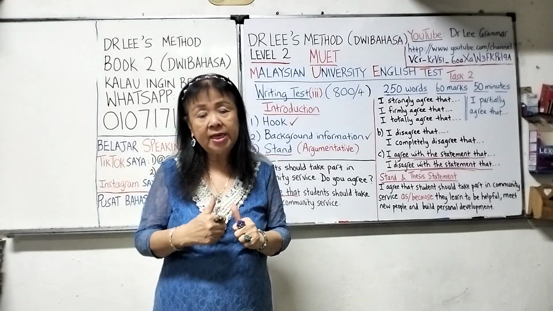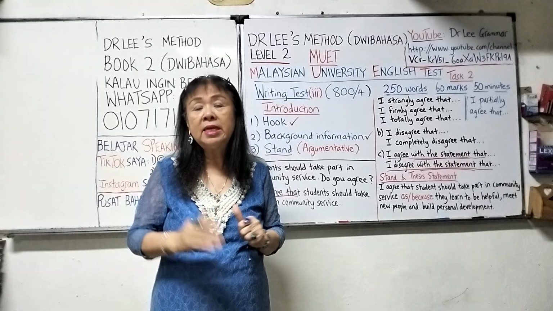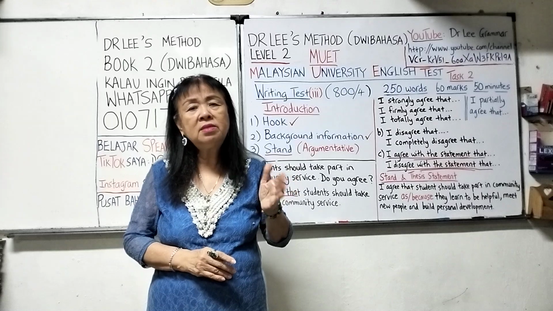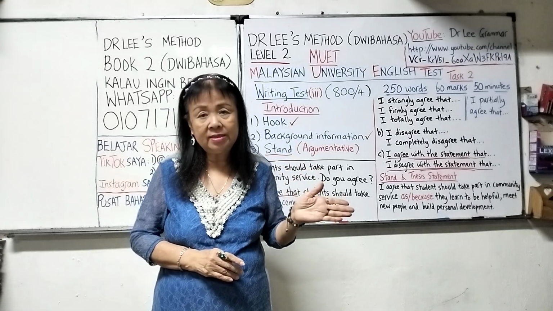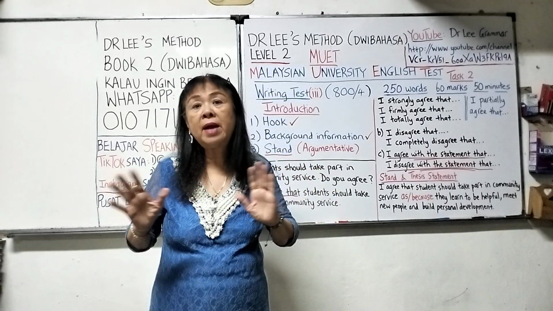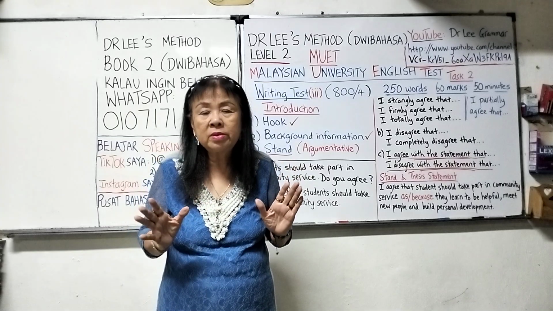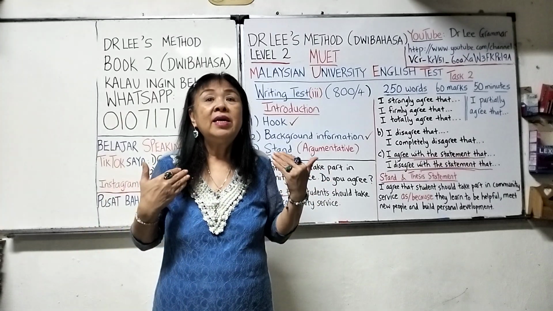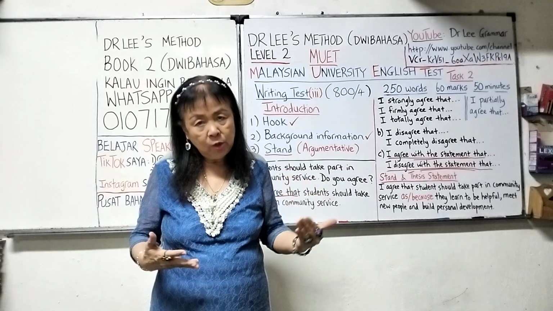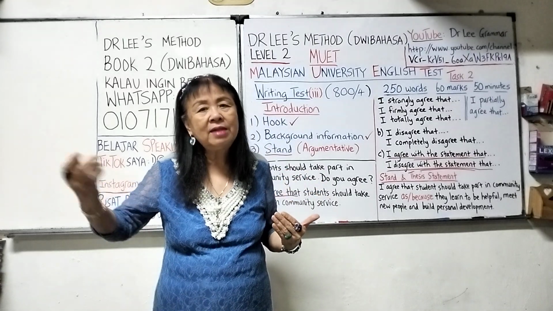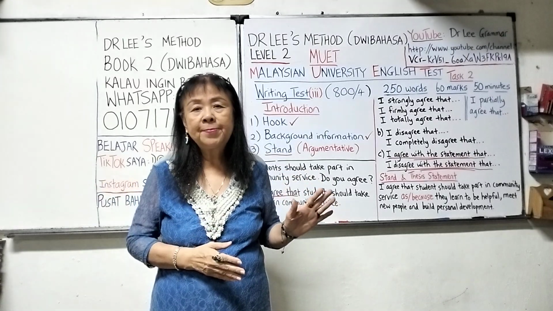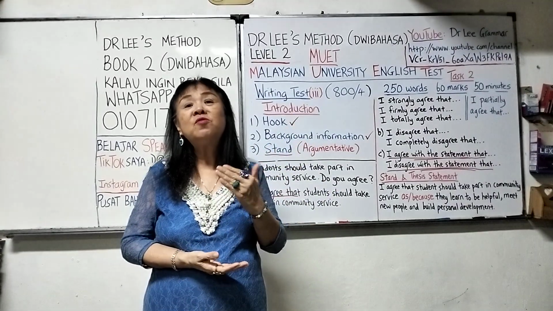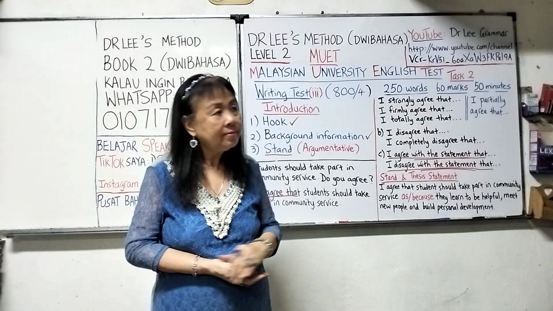The first essay, 100 words at least, is writing a reply to emails or informal letters. I can't tell you which will come out or which is more important. Just know both, because both are the same. Informal language, or your writing style is informal, that's all. Task 2 is the formal way of writing.